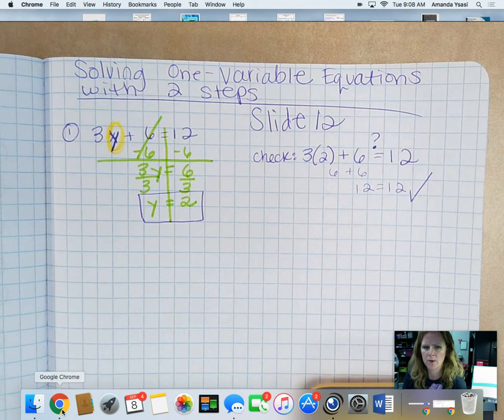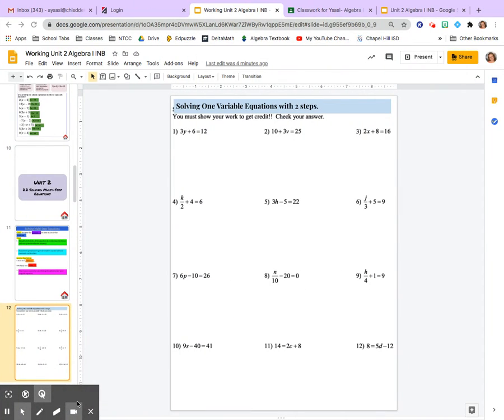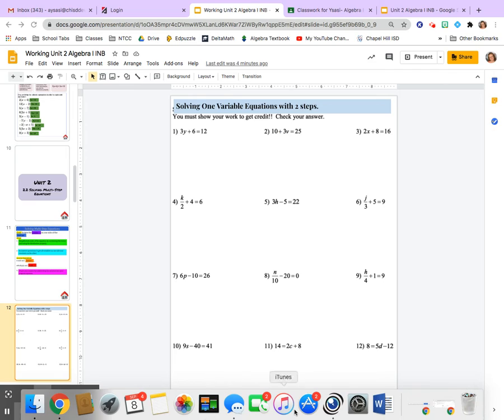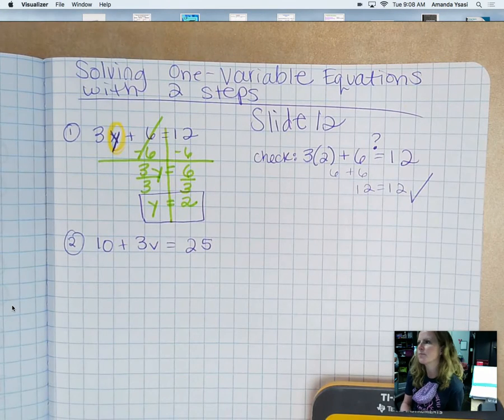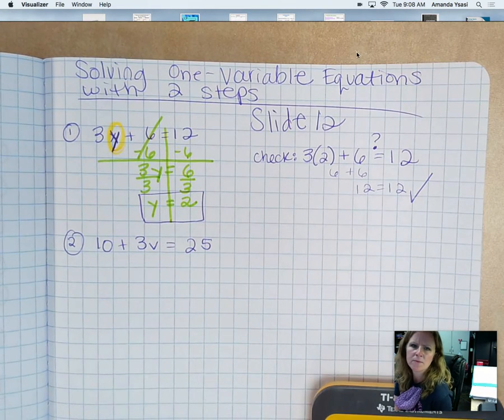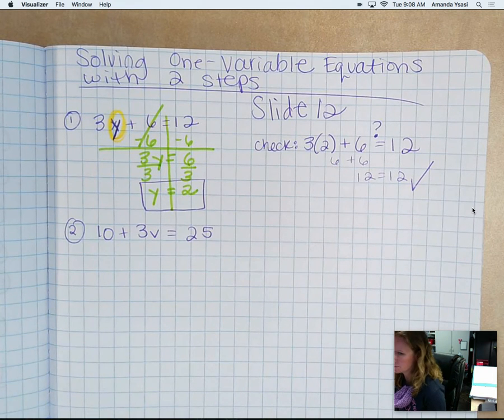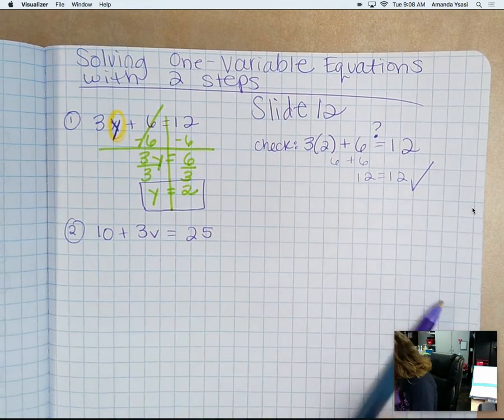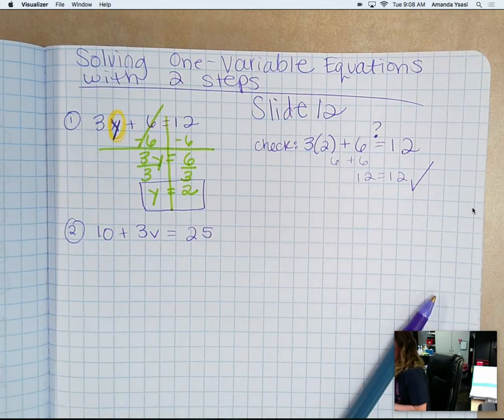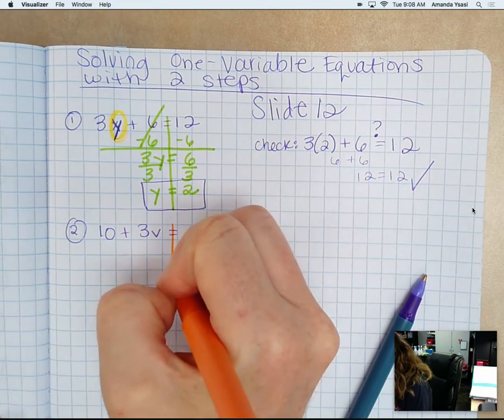Let me go back. Problem 2 is 10 plus 3v equals 25. Okay, draw your line down your equal sign.